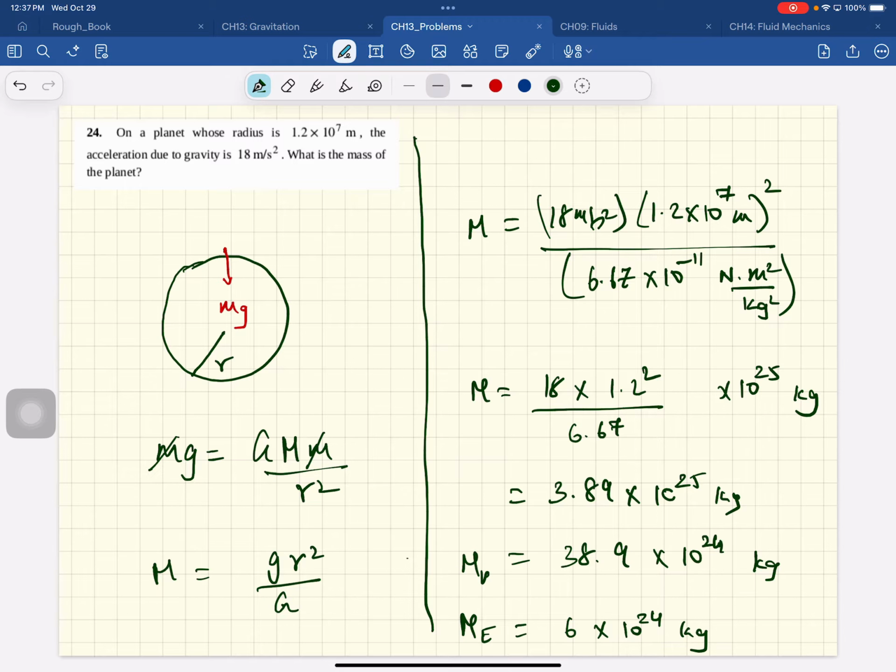So this planet is about 6 times Earth mass. Let me look up the mass of the Earth, by the way.